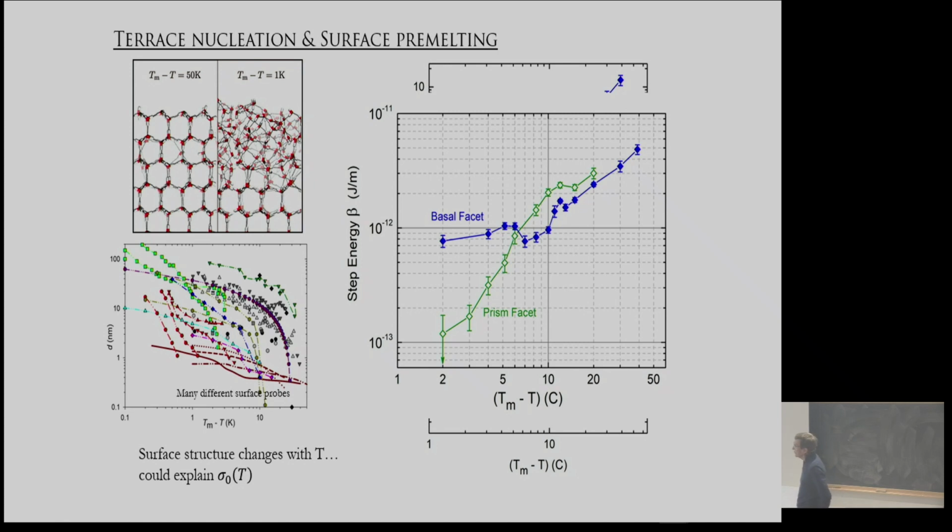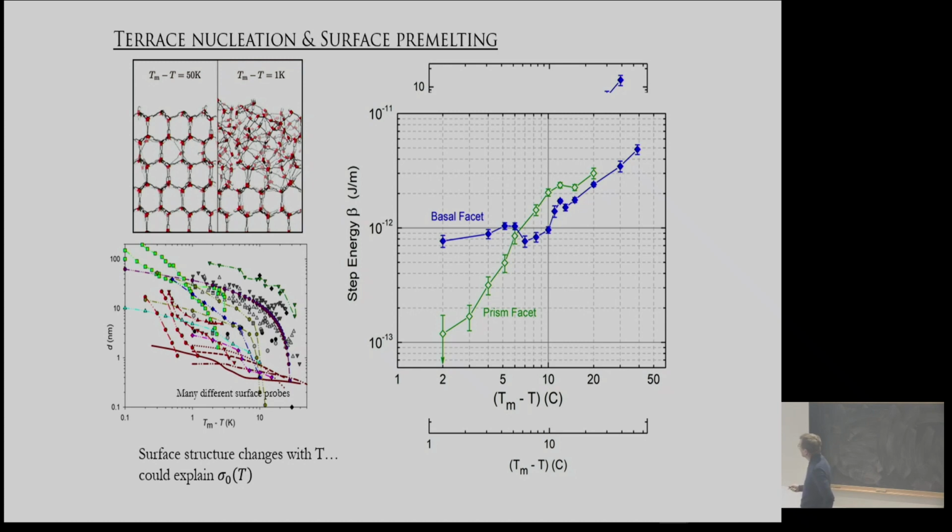I mean, the latent heat doesn't change much as a function of temperature, and the surface energy doesn't change much as a function of temperature, a little bit, but this changes a lot as a function of temperature, and so it's different. And so what's happening is the step energy depends on the structure of the surface, the molecular structure of the surface, and that seems to be changing a lot.